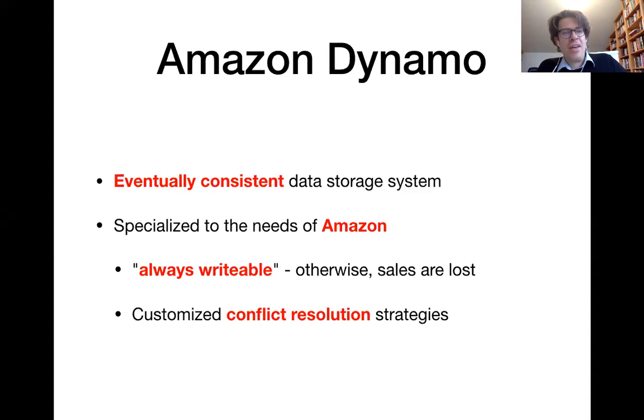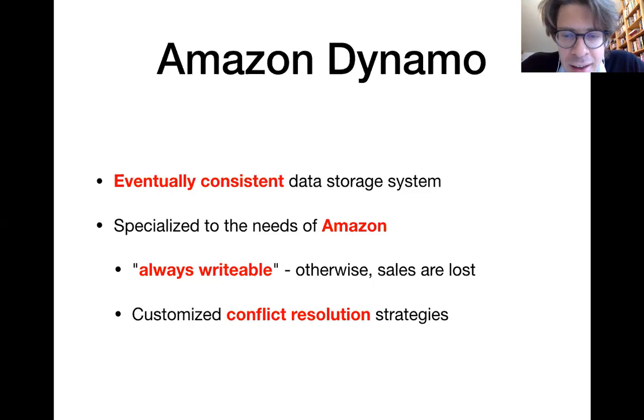All right. So that was Apache Cassandra, one first eventually consistent system. And now we're going to see a second representative, which is the Amazon Dynamo system. And that system was specifically developed for the requirements of Amazon for their web shop.